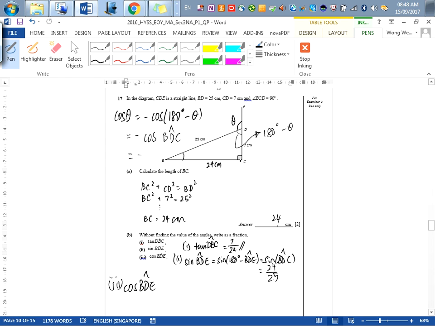Cosine will be adjacent over hypotenuse, so 7 over 25. Negative 7 over 25, with a negative sign. That came from our formula. So this is equal to negative cosine of 180 degrees minus BDE. Sorry, BDE. And that is negative cosine BDC. This is negative 7 over 25.